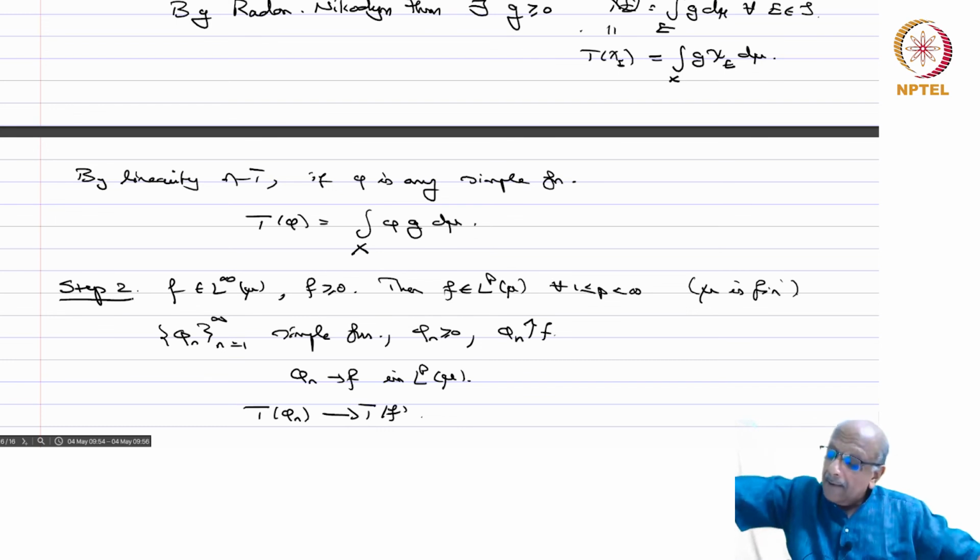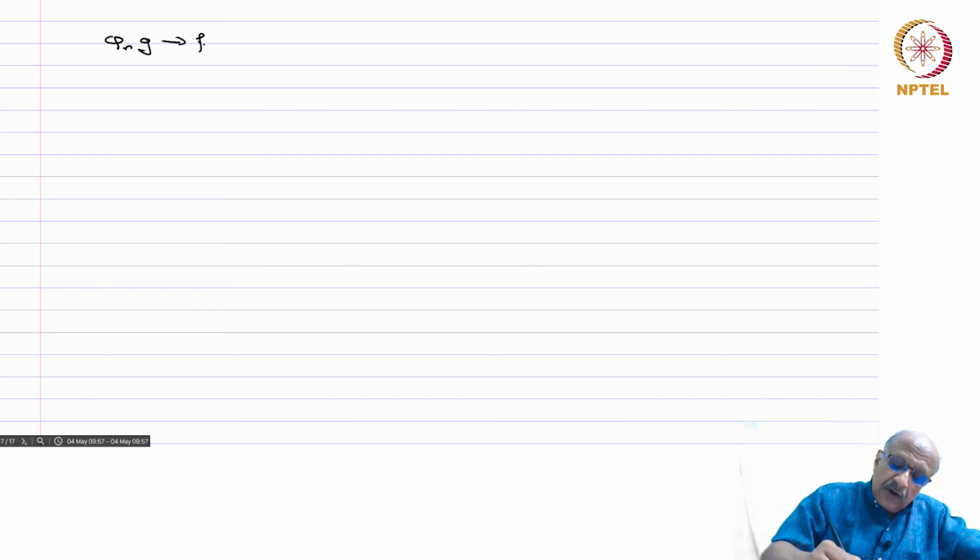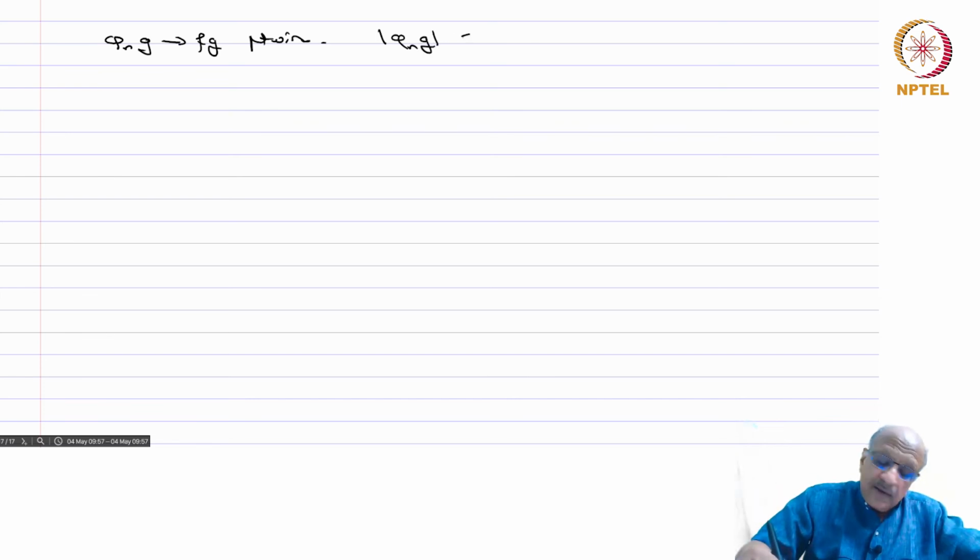On the other hand, phi n g converges to fg pointwise. Mod phi n g is less than or equal to f times mod g, since phi n is less than or equal to f, f is non-negative, and this is integrable.